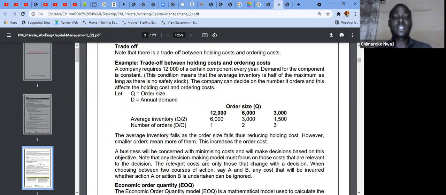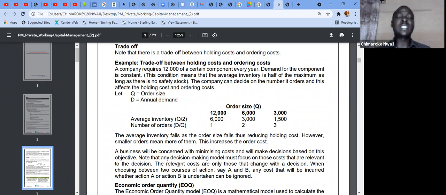Now let's look at this situation here. If we use Q as our order size and D as our annual demand, here is 12,000 units. The order size, we now have 3 order sizes.